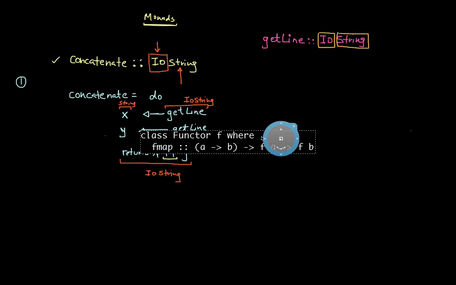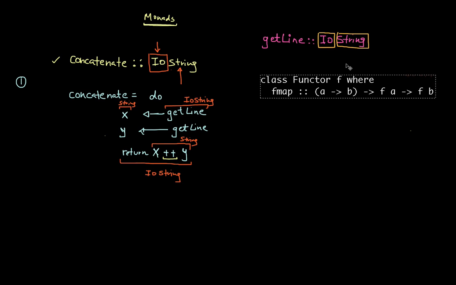I'm going to show you a second style, where we use the idea that IO is an instance of the Functor type class. Now that I know that f over here is my IO, let's change the type signature of fmap as follows.